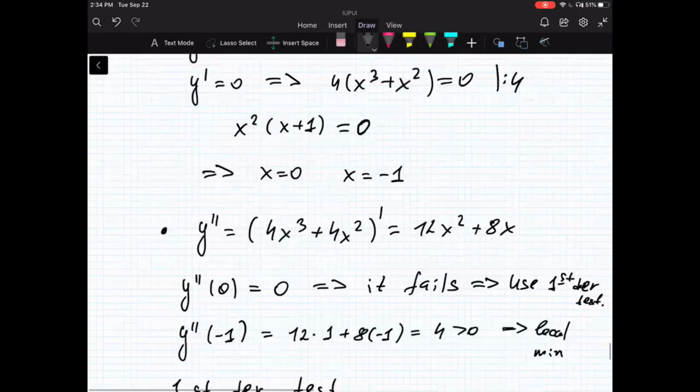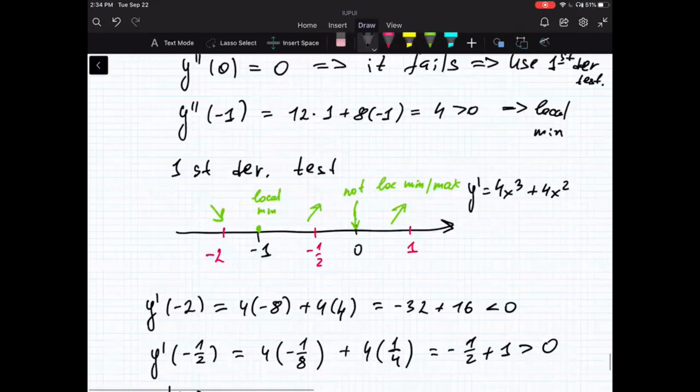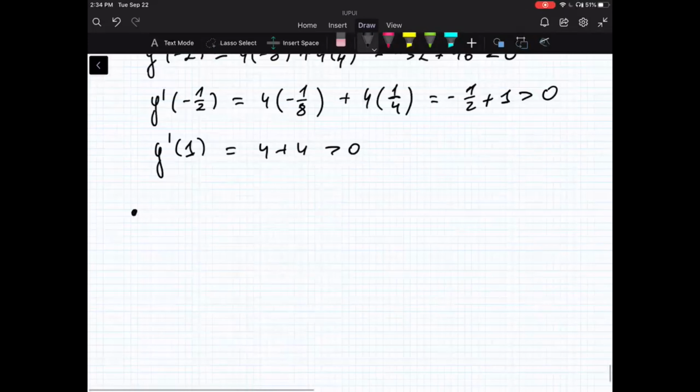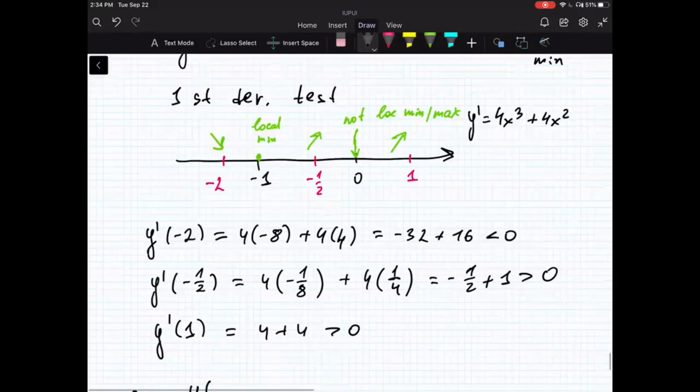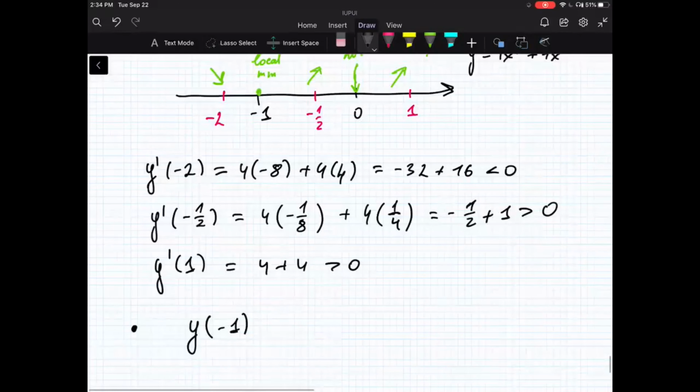Okay, so next what we need to do, which step was it? It was the second step. We need to calculate the value of my initial function at the critical points. So point minus 1. And again, do not confuse it with the derivative. It is our initial function.